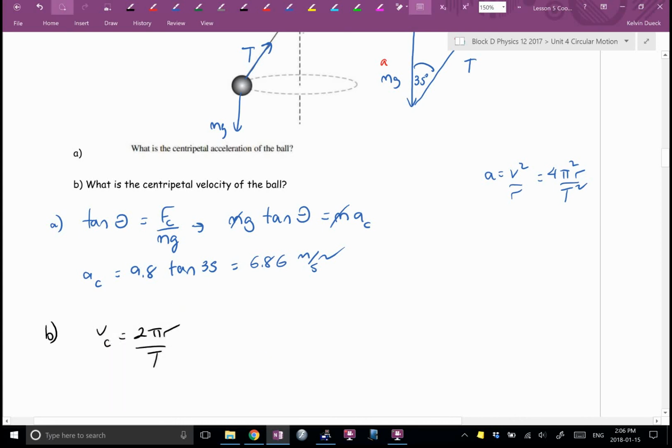How? What else has the question given me that I haven't used yet? Braden. So if I hear you, you're telling me, how long is this cord? What does it say? 0.44?